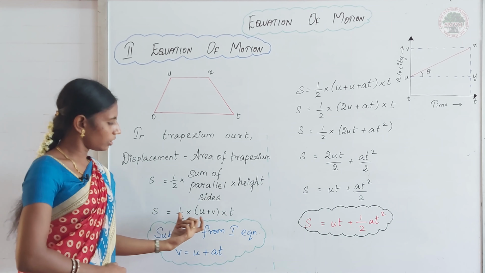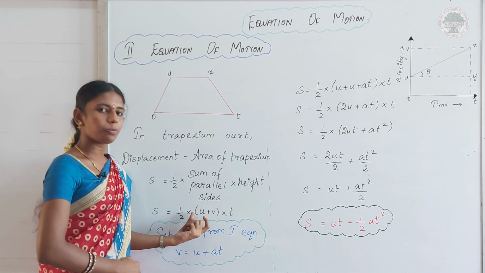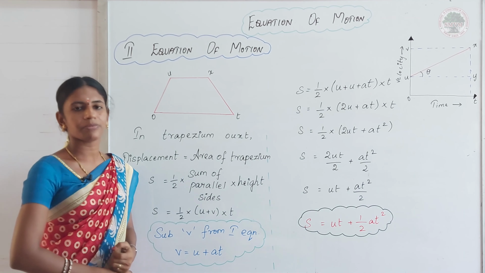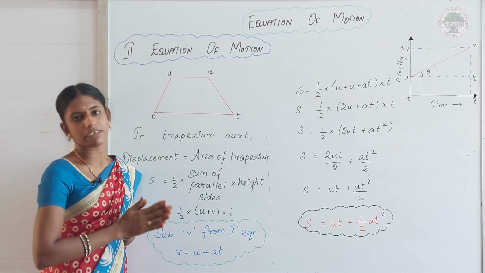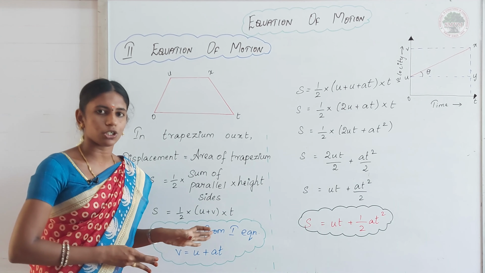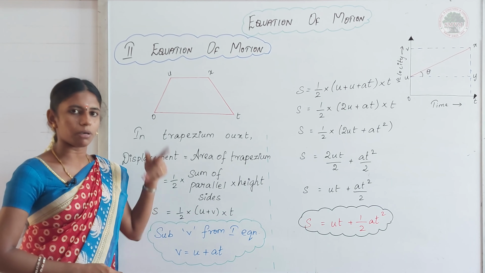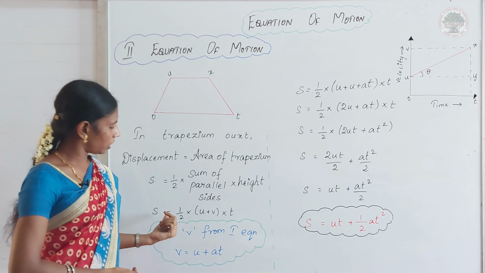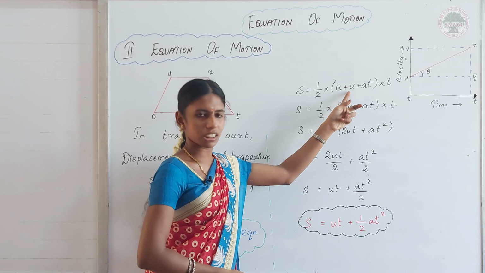So we got s is equal to half into u plus v into t. Now we are going to substitute this v from the first equation of motion. What is the first equation? v is equal to u plus at. So s is equal to half into u plus v.